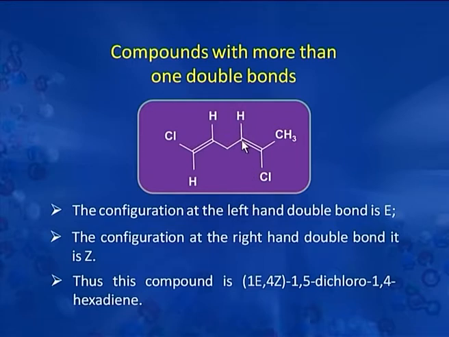This double bond begins from carbon number 4 and is between carbon number 4 and 5, so we assign the configuration for number 4. So, it is 1E,4Z-1,5-dichloro-1,4-hexadiene. So, this is about the nomenclature for configuration of geometrical isomers.